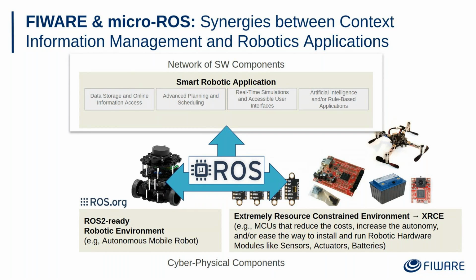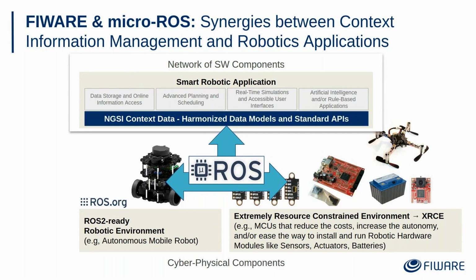What FIWARE does in this direction is to contribute NGSI, which through the NGSI specification provides us with the ability and skills to develop harmonized data models and the standard APIs to communicate the cyber-physical components of the robotic infrastructure with the digital platform.